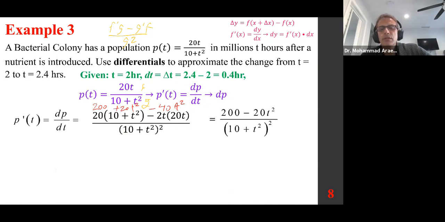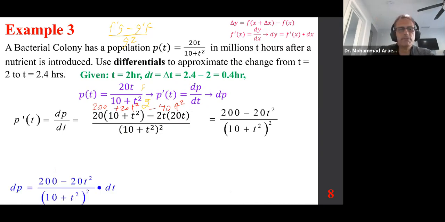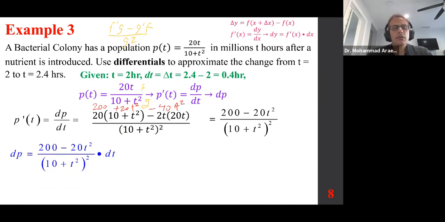So what happens? We are going to say dP is the same thing times dt, and replace the t with the original t, and dt is positive 0.4.